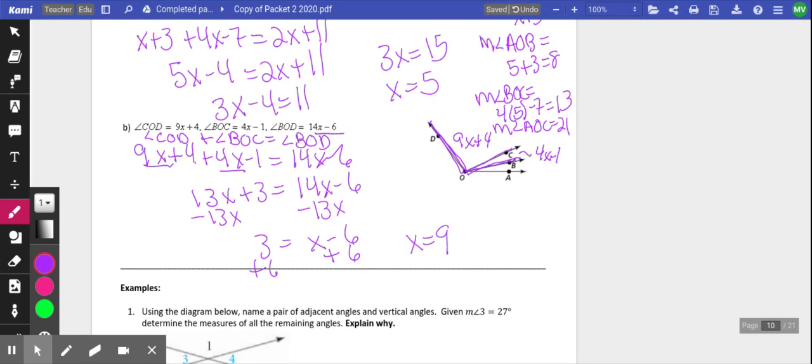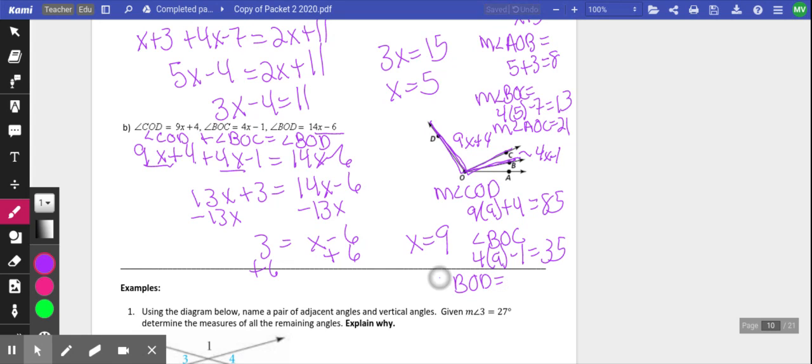And then to find the angles, measure of COD, you do 9 times 9 plus 4 and get 85. BOC, I do 4 times 9 minus 1 and get 35. And then BOD, I add 85 to 35 and I get 120.